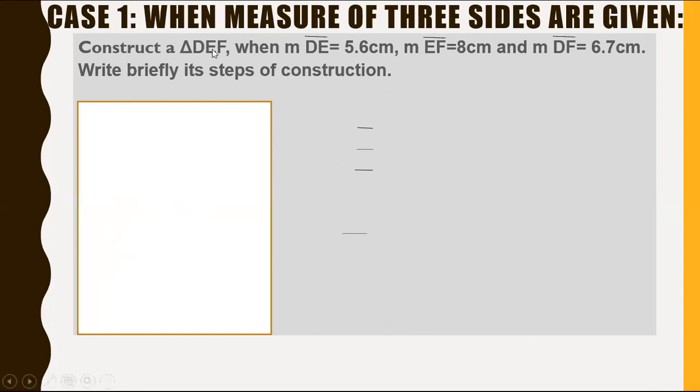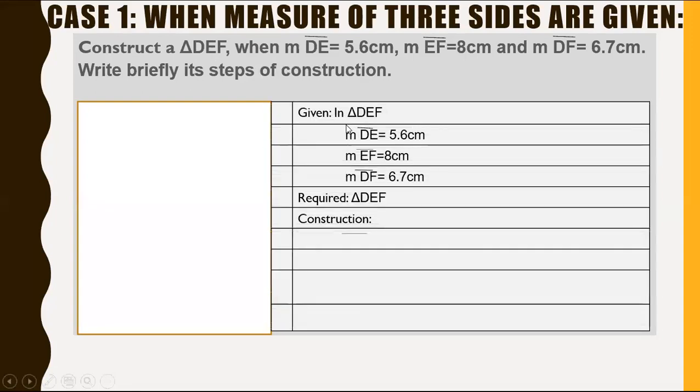Now students, in the same way, if triangle DEF is given, what you have to do here is write that in triangle DEF, these three measurements are given. So write down in the given in this way, that measurement DE, measurement EF and measurement DF are given. Okay, Ryan?